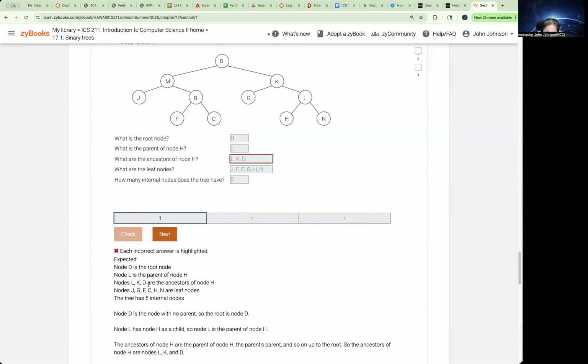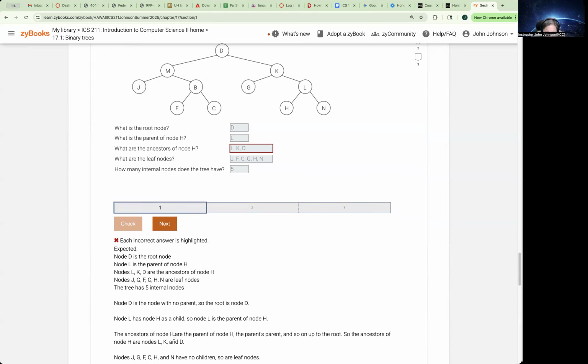I'm guessing that L, K, and D, they just want, is it, hold on, parent node, ancestors of node H would be L, K, and D. I don't see why that's not correct.